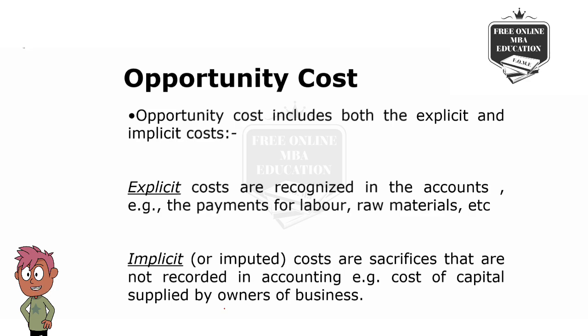You are maybe cutting down on your leisure activities, right? And maybe you are taking some money from your own pocket and spending it on your business. All these are your implicit costs because these costs you cannot record in the book of accounts, right? So opportunity cost can include both explicit as well as implicit, right?